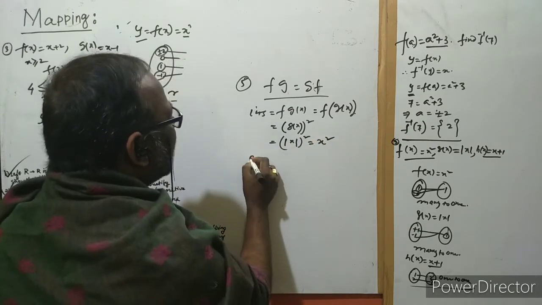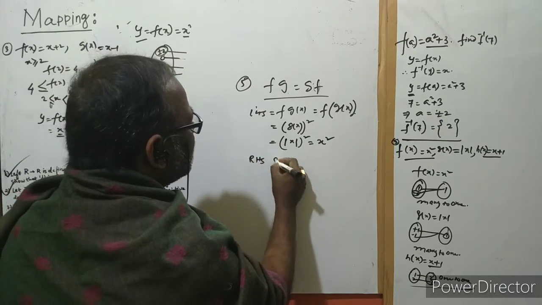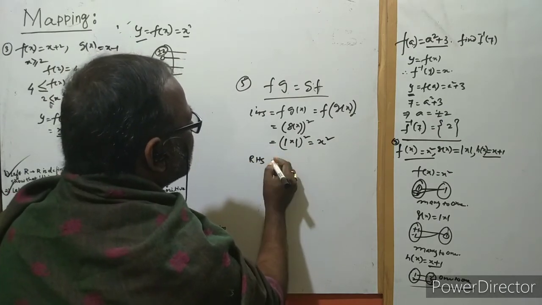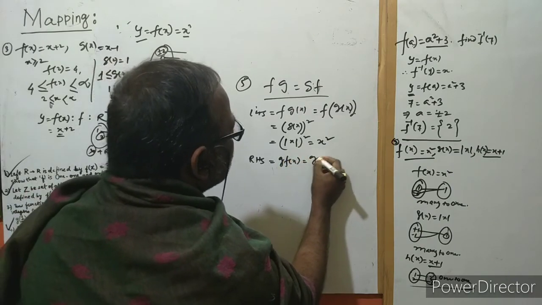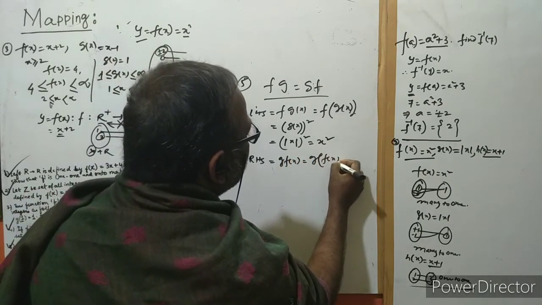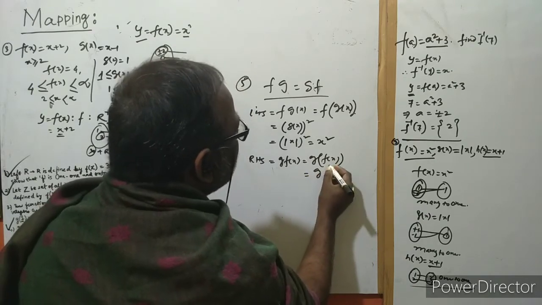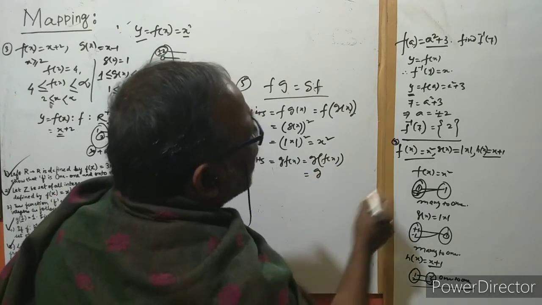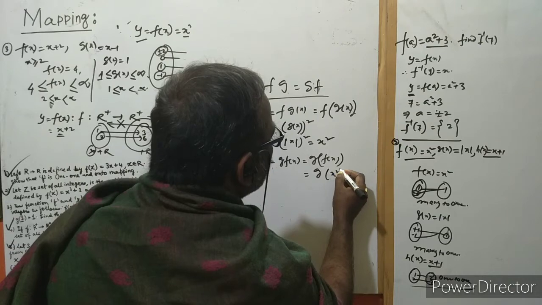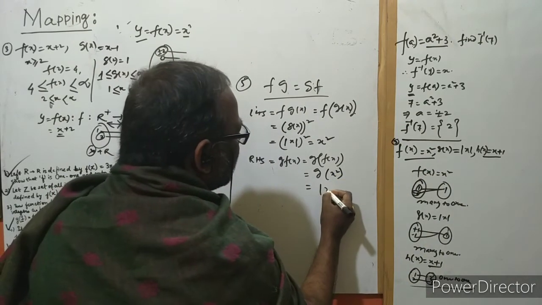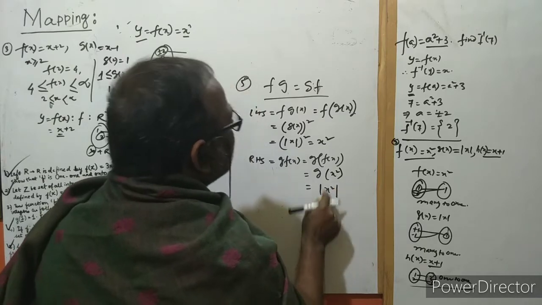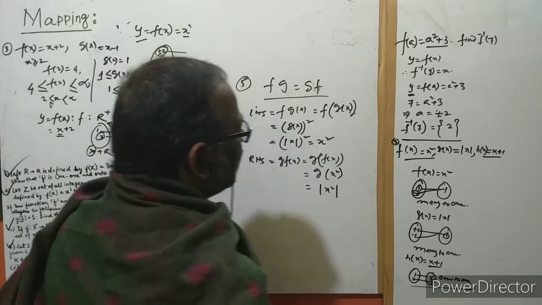But on the right hand side, see, this is g of f of x. So g of f of x means g of x square, so this is mod x square. But these two are not the same.